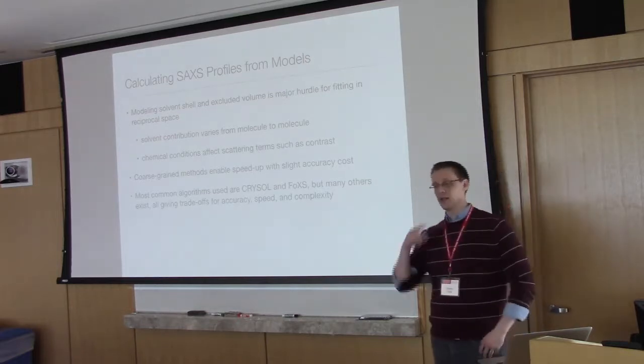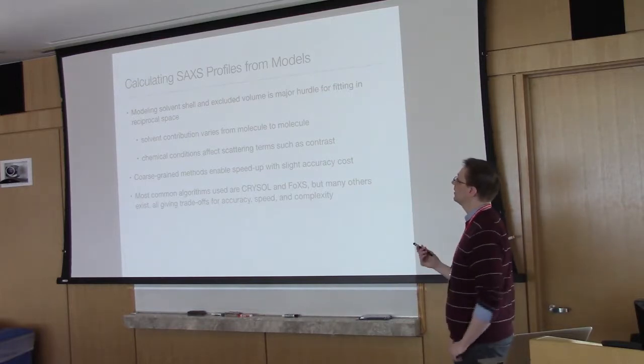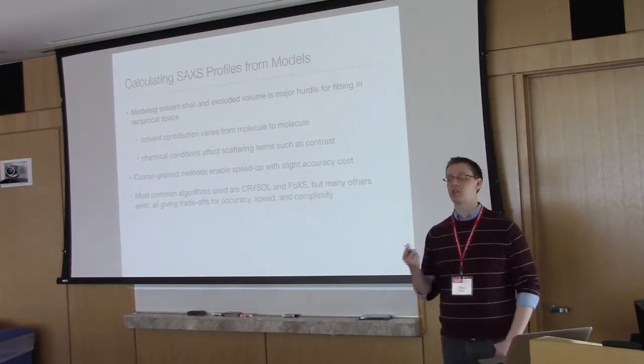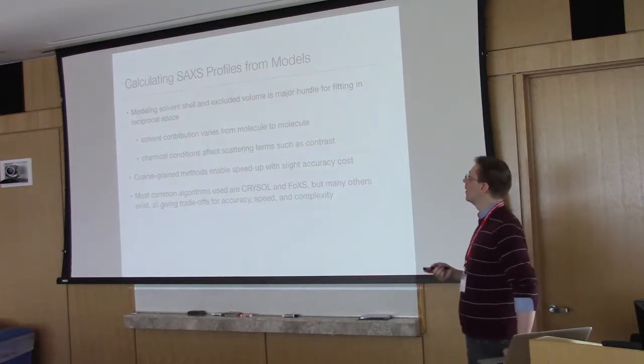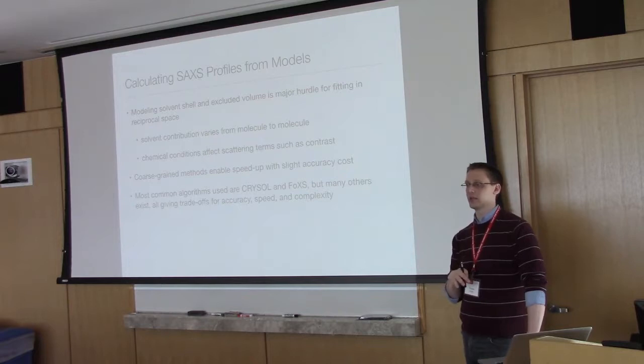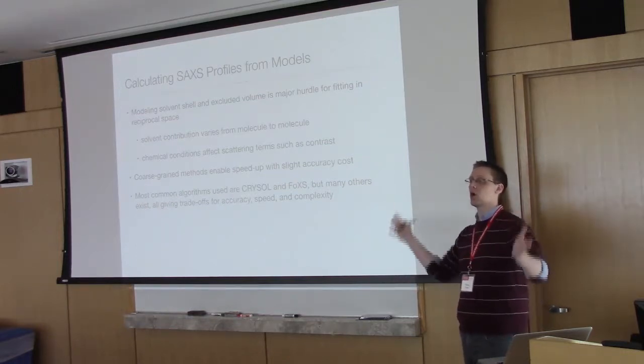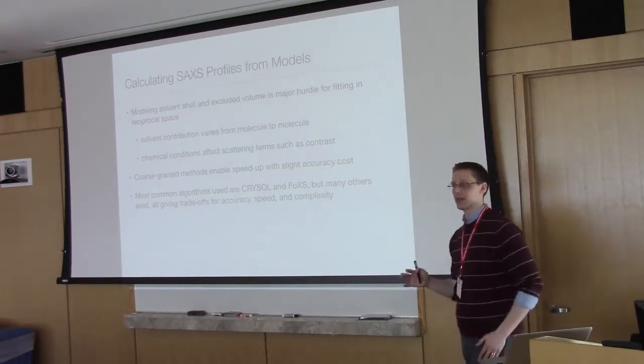An additional thing you need to think about is that when you're doing this modeling, you have to account for the solvent. When you're doing the actual experiment, you subtract the solvent scattering. You do a buffer blank and you subtract it. But all that subtracts is the bulk solvent, just the bulk water, or salt or whatever is in there.